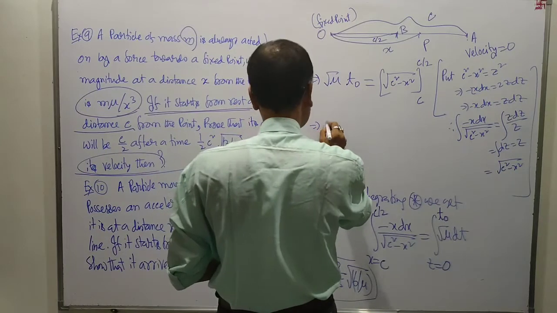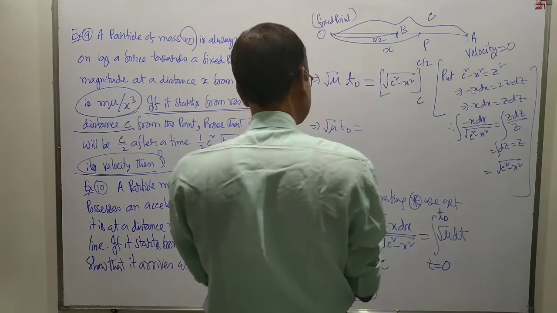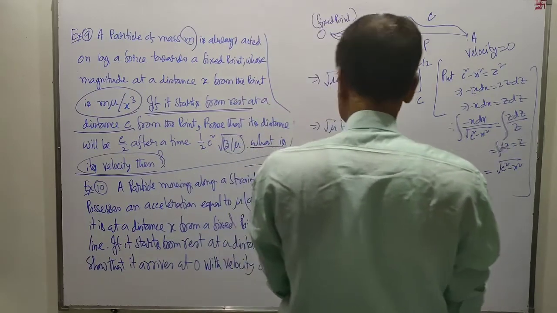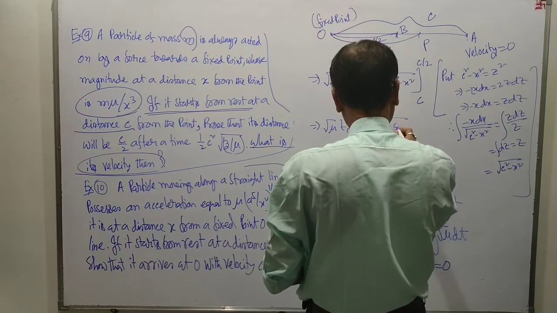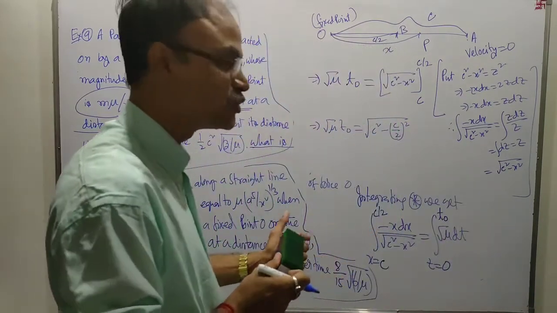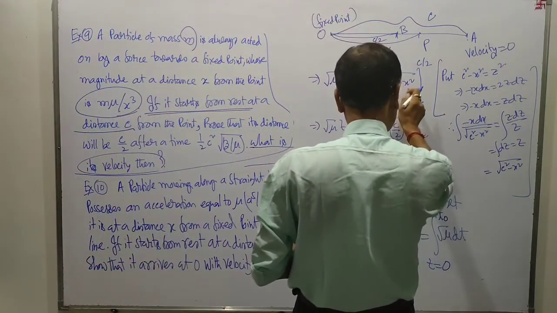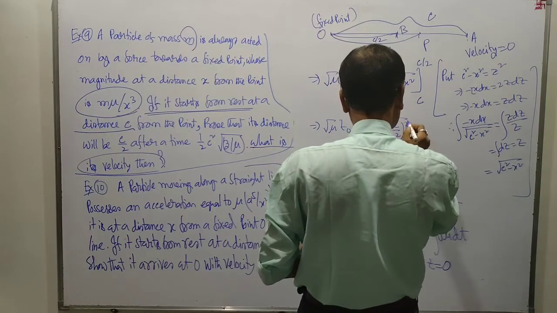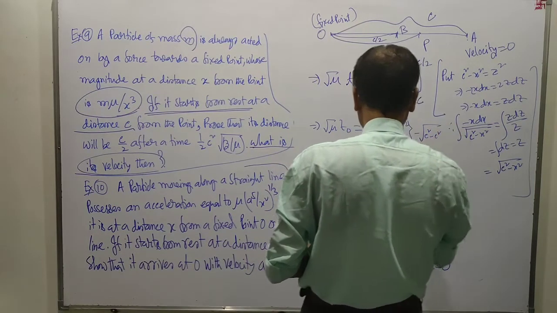This means root over mu T naught equal to root over c square minus c by 2 whole square, minus root over c square minus c square, which will be 0.